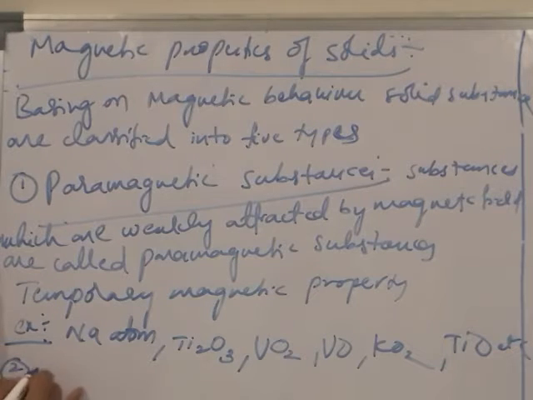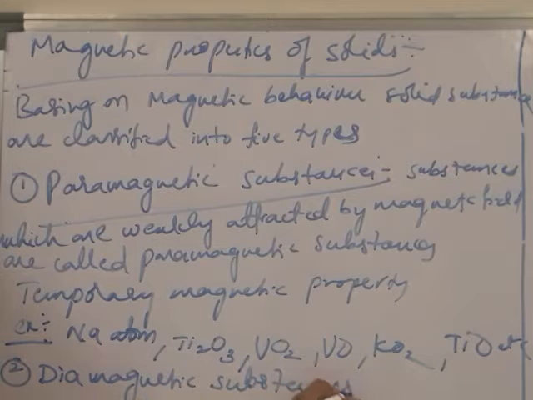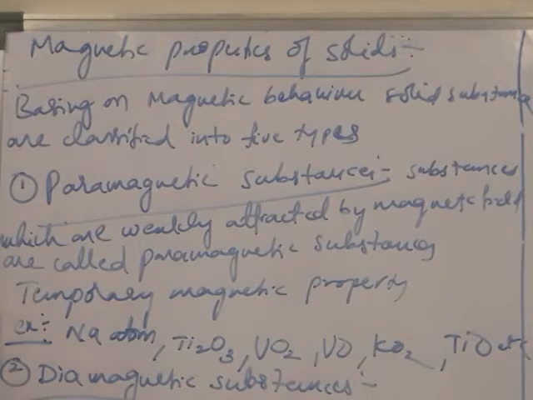Next, diamagnetic substances. So diamagnetic substances are repelled by the magnetic field. Okay, they do not get attracted by the magnetic field. Why? Because they do not contain any unpaired electrons.